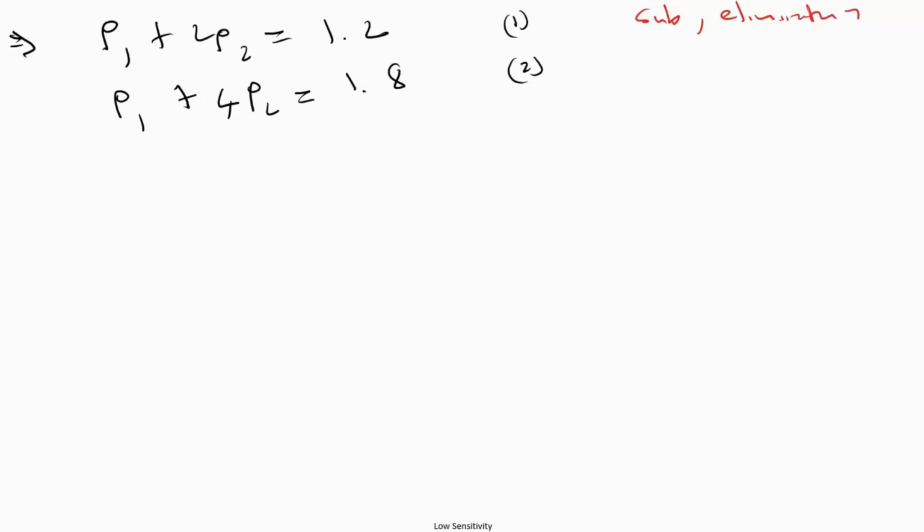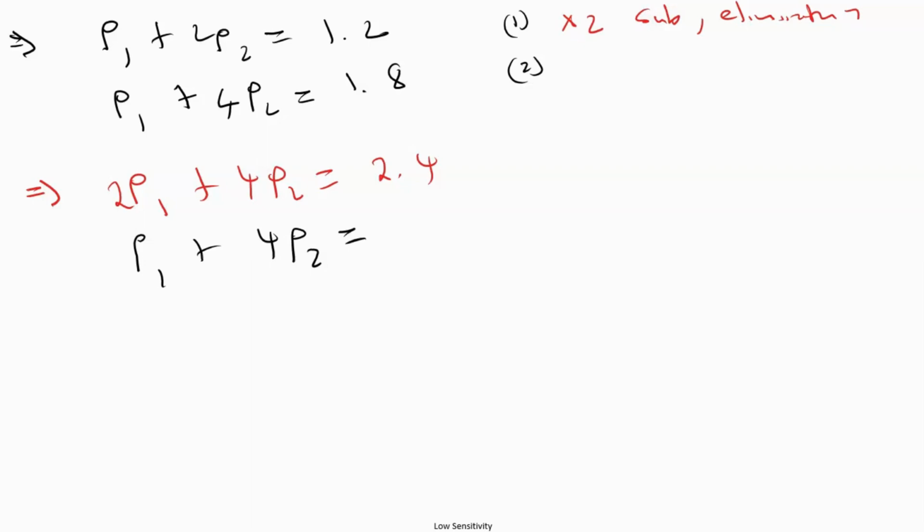If I want to eliminate P2, I'll multiply equation 1 by 2. When I do that, I have 2P1 plus 4P2 is equal to 2.4. The other equation remains the same, P1 plus 4P2 is equal to 1.8.